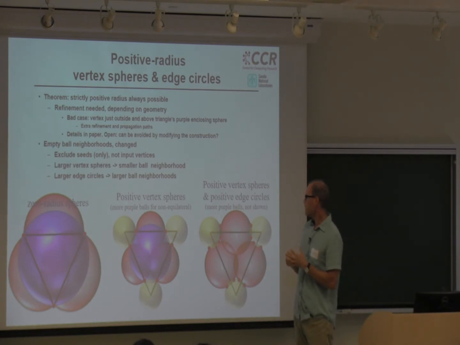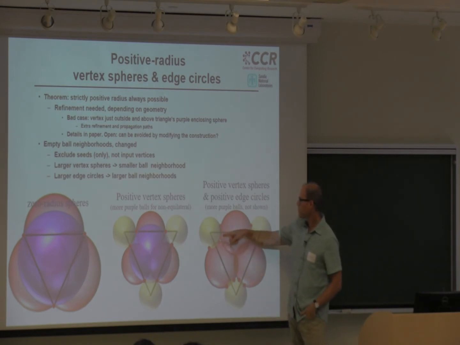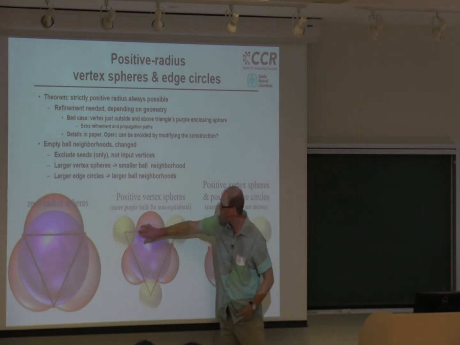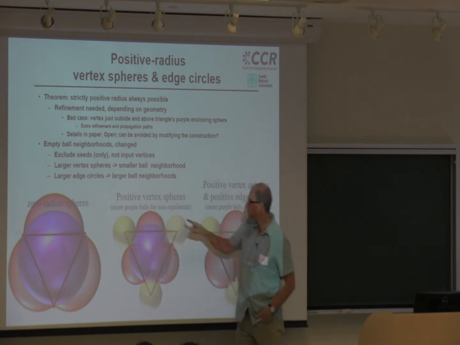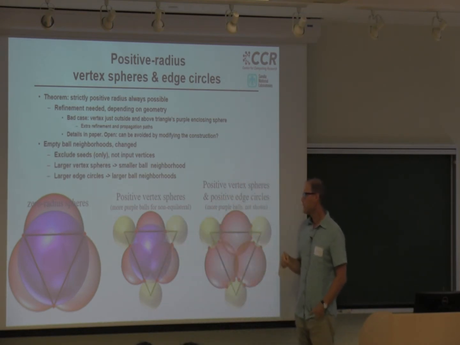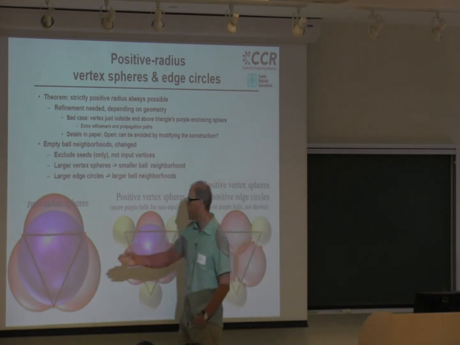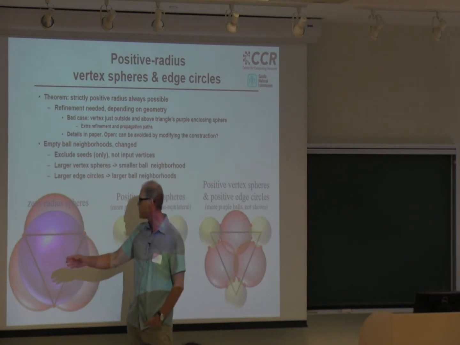The bad news is as you increase the edge circles, this point spreads out into a number of co-circular vertices, then these diameter spheres grow back out a little bit. And the worst case setting is that there's a fourth vertex sitting out of the plane here that's just above the purple sphere.